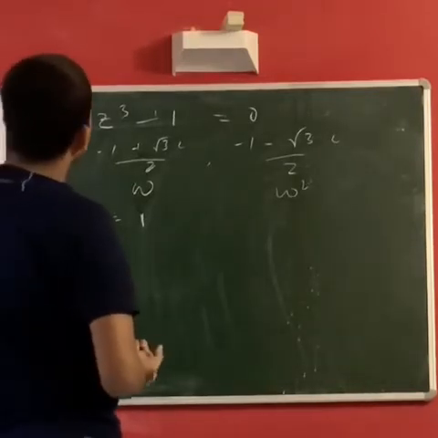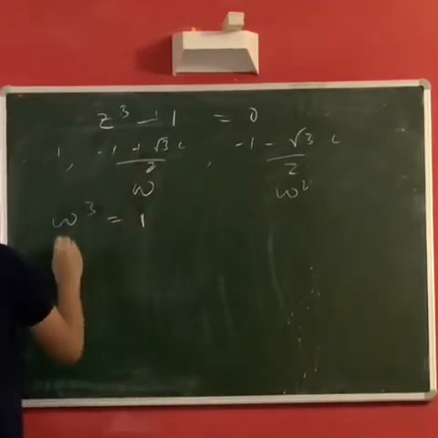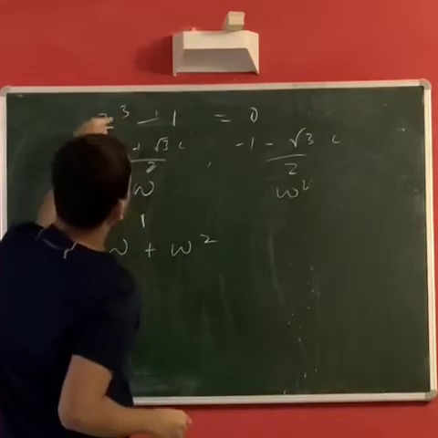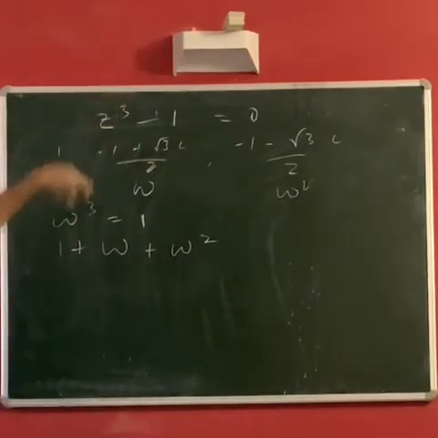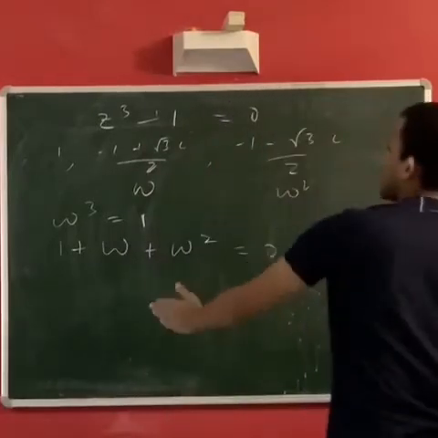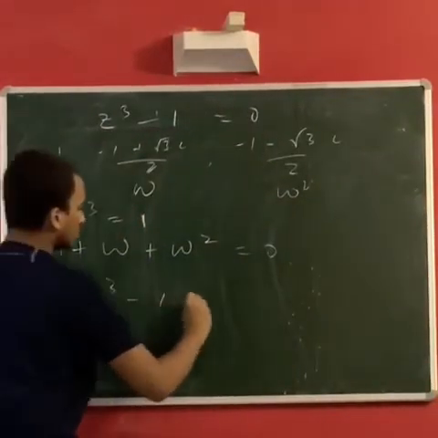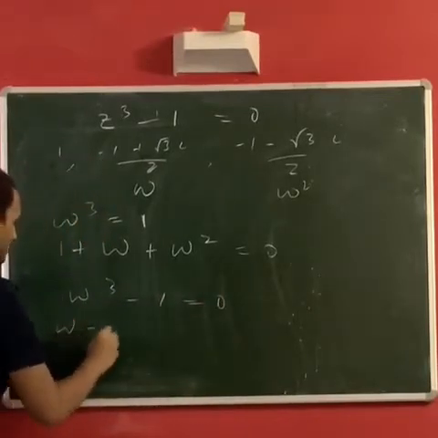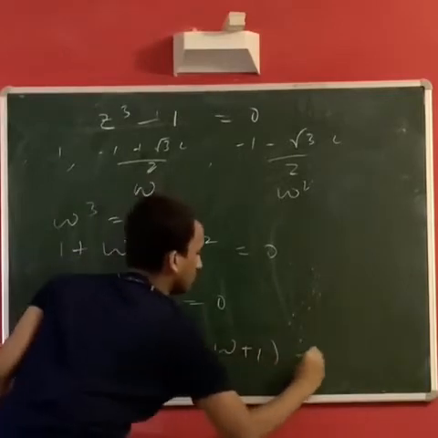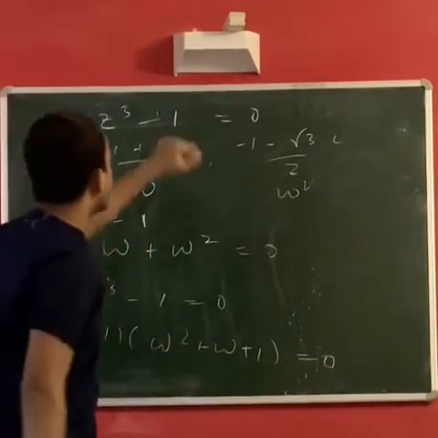We can also look at properties like the sum of roots must be 0, because again by Vieta's theorem there's no z square term, so it's 0. So 1 plus omega plus omega square is 0, which you can also predict by substituting omega as z, so you have omega cube minus 1 equal to 0, and so omega minus 1 into omega square plus omega plus 1 equal to 0. Omega is not 1, and so this must be 0.